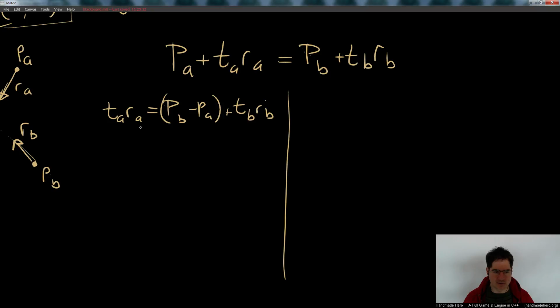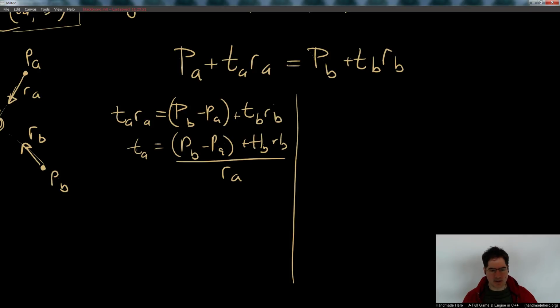Remember, RA, as a ray, is actually known. So we would get TA equals PB minus PA plus TB RB, over RA. And again, unless you're doing geometric algebra, which we probably should, you can't really divide by a vector. But that's okay because we're just pretending these are scalar.